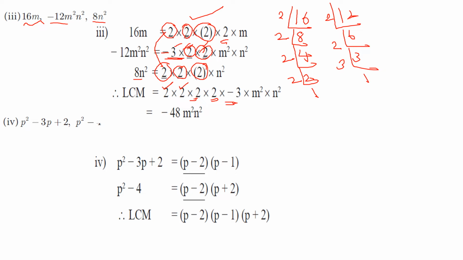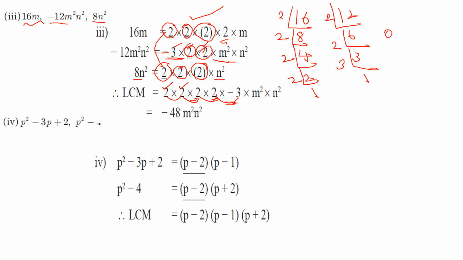And the power, you see the highest power m squared, compare 3m squared, and this one n squared, same, both powers are the same, so write n squared. So multiply 2 into 2, 4, 4 into 2, 8, 8 into 2, 16, 16 3s are 48.